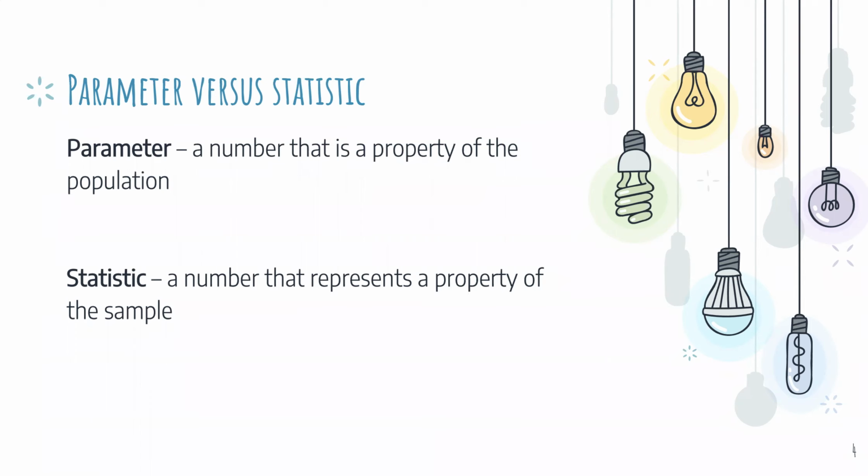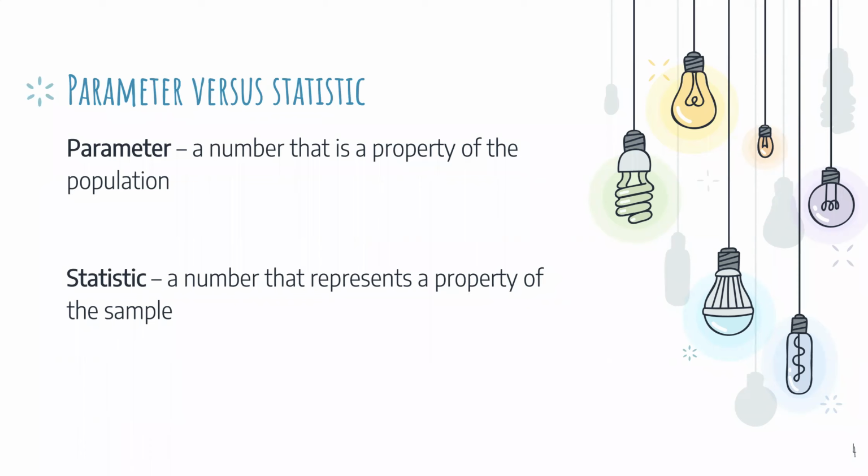Once you take a sample and you compute the same number, so now if I take a sample and find the mean height for that sample, then that number is not representing my whole population anymore. So then I have to change the name, and instead of parameter, that's going to be a statistic. Now, see the difference between statistic and statistics with an S at the end.